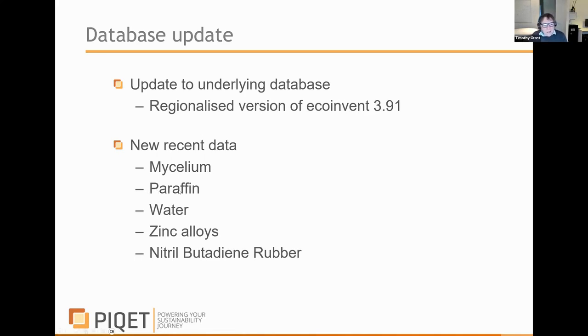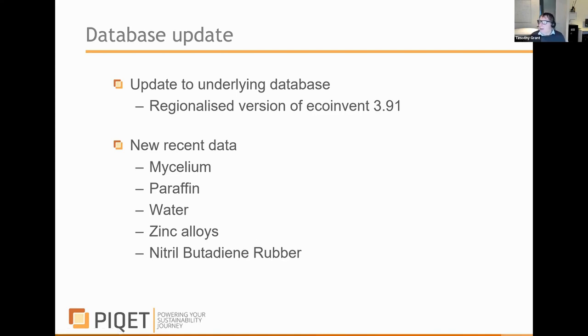Paraffin and water have been added as cooling refrigerants that are used in some passive refrigerant packages as phase change materials. We added some injection moldable zinc alloys and I think a magnesium alloy. And we've added a couple of rubber processes as well, which have been requested recently.